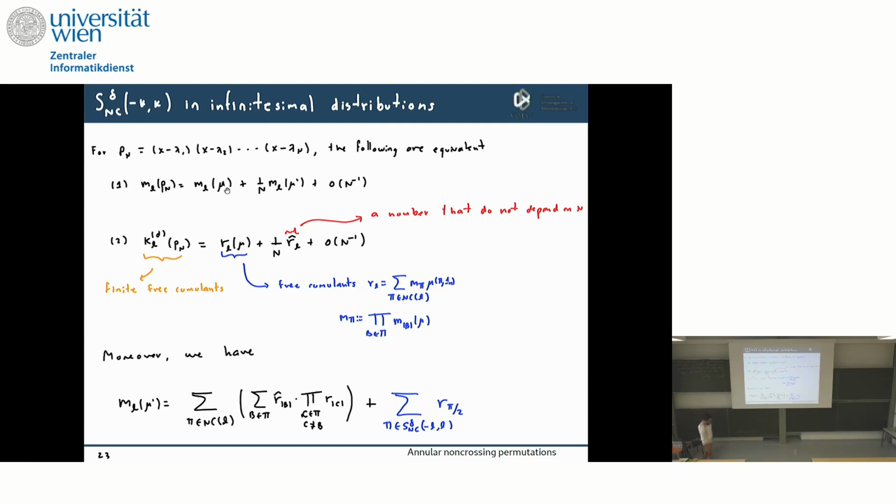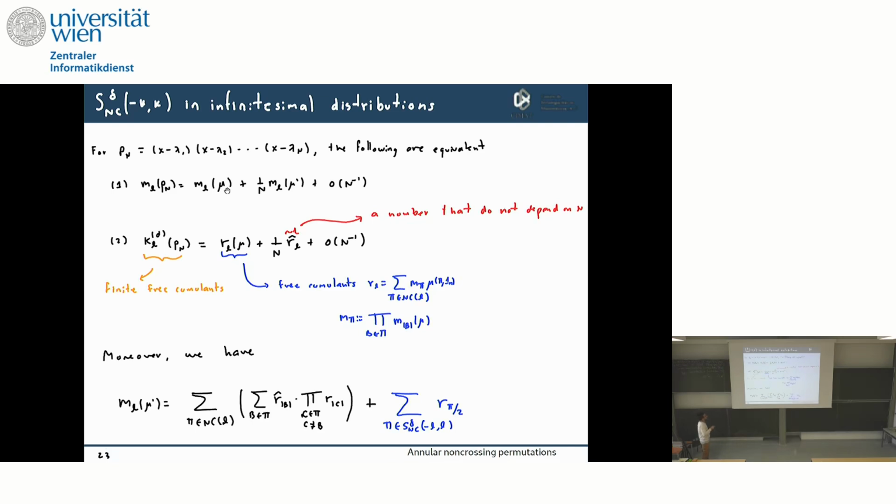Let me go back to the polynomial case. In the polynomial case, we said that we have the finite moments for P_n, we have the limiting moments, and then we have the infinitesimal moments. It turns out that if we have the infinitesimal moments, then the finite pre-cumulants also have an expansion in 1/n.